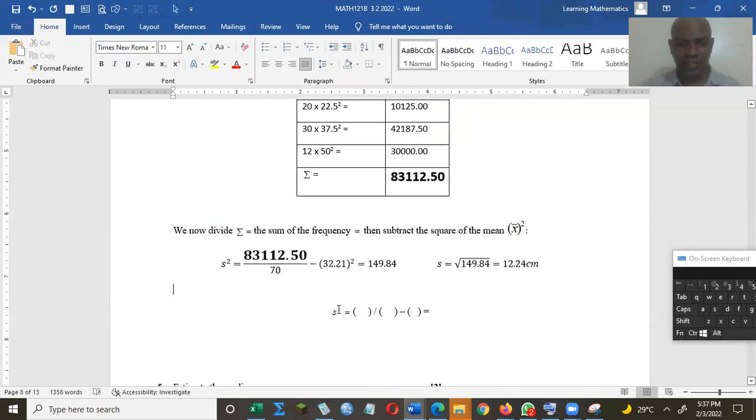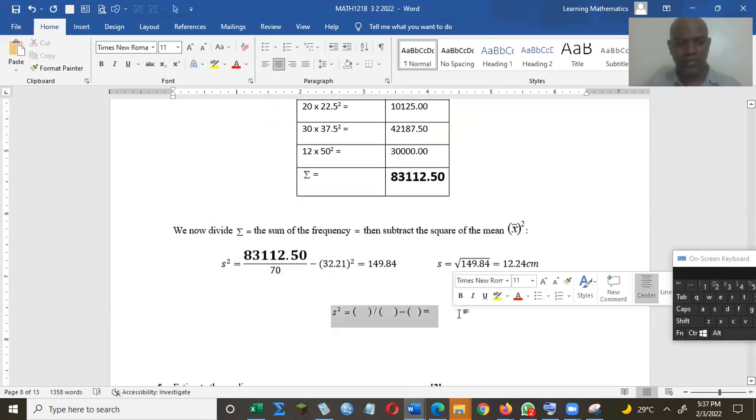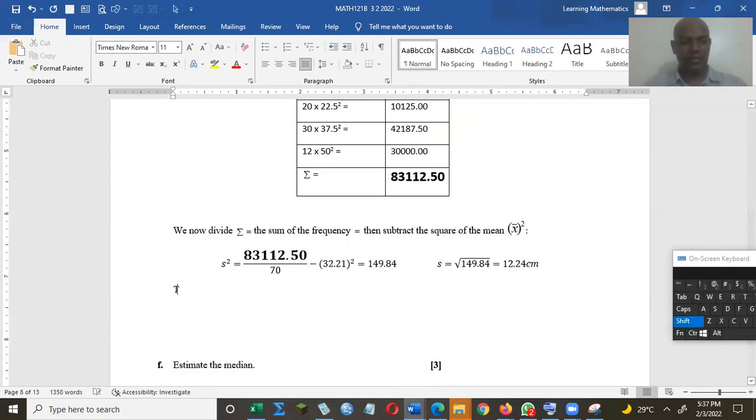And we can delete this. Therefore, the average variability, that's another word for dispersion, amongst the heights is 12.24 centimeters, full stop.